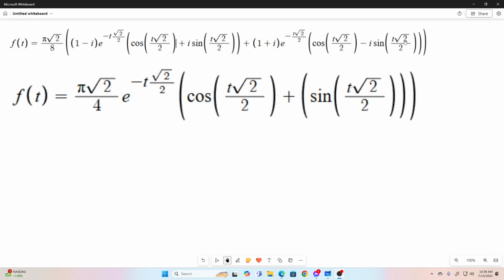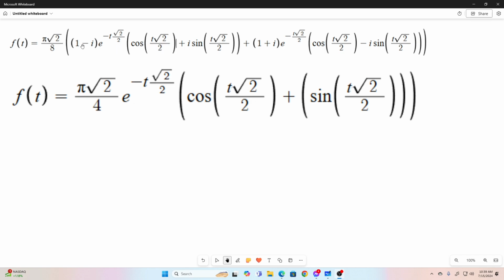So let's just figure out what's happening here. We're going to have 1 times cosine t squared root of 2 over 2 plus another 1 times cosine t squared root of 2 over 2. That's going to give us 2 cosine t squared root of 2 over 2.